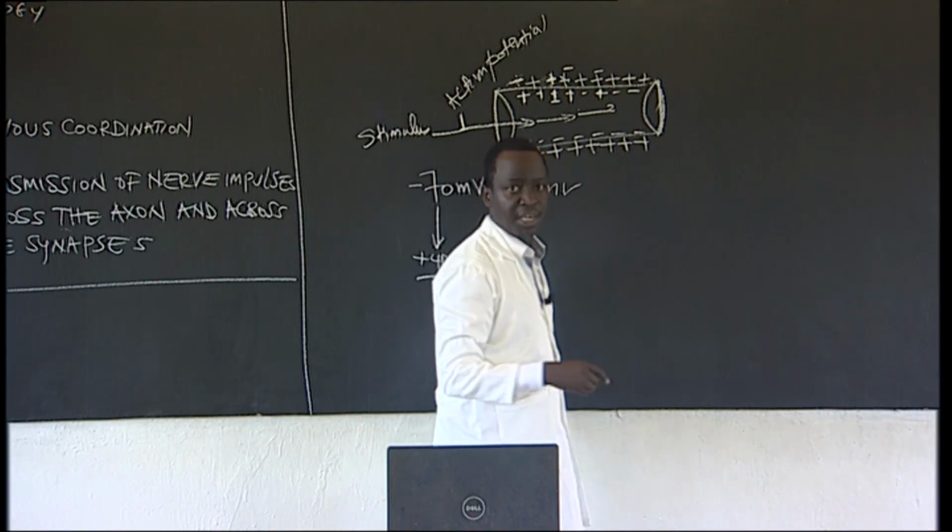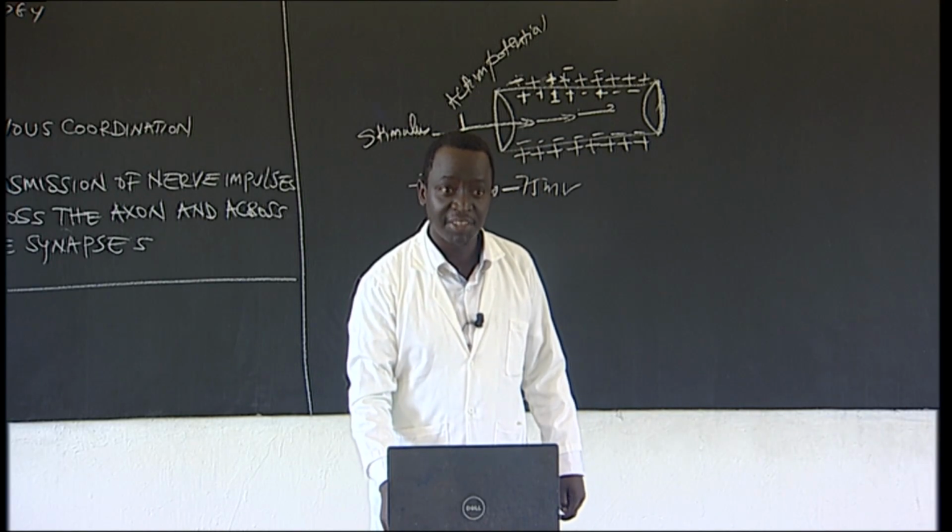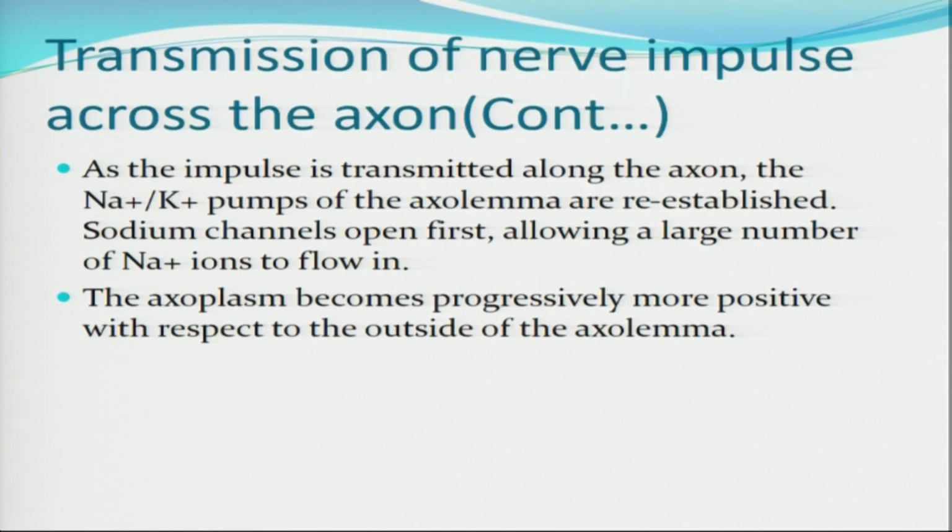That's what we're talking about, re-establishing. Are you getting this point? Nice. So now, you can see here, re-establishing: the sodium channel opens first, allowing a large number of sodium ions to flow in.